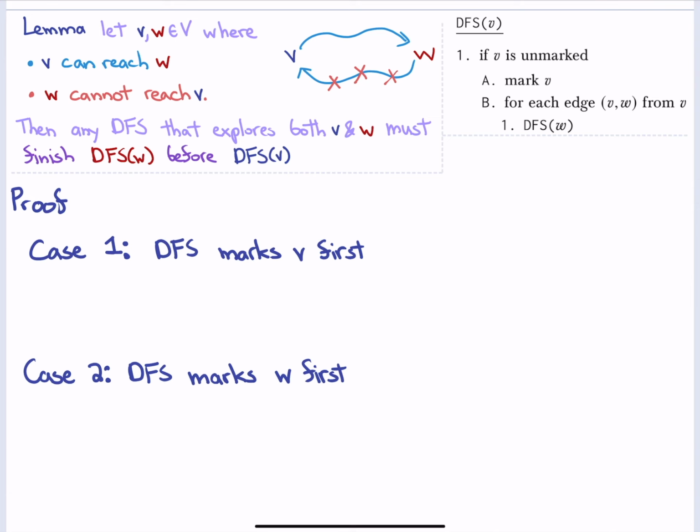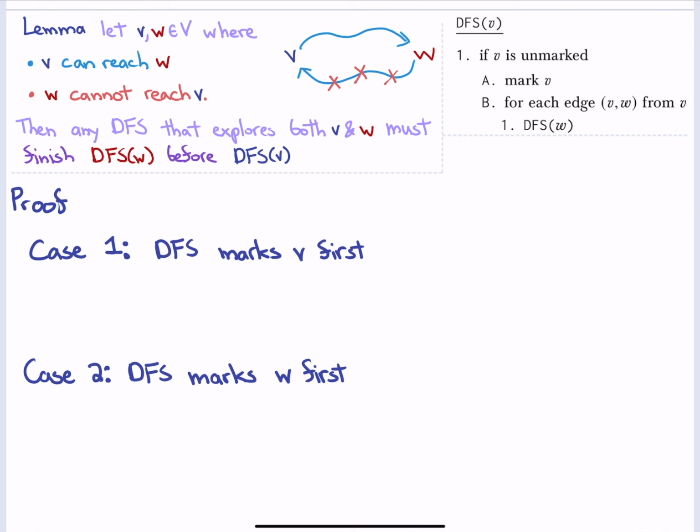Oh, okay. So the suggestion was if you finish searching V before searching W, that's the contradiction, then there must be a path from W to V, which we said there isn't. But I feel like there's a gap there.